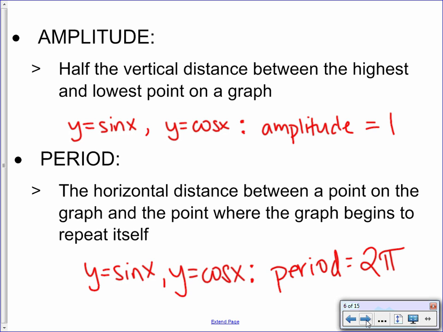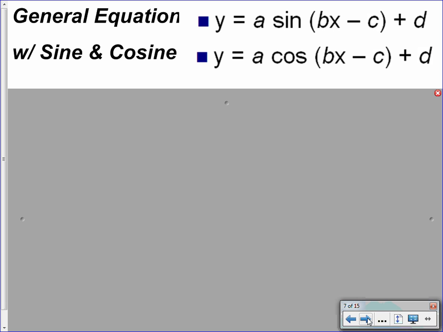We need to know a few things, so I want you to go ahead and write these down. These are going to be the forms of our equations that we'll refer to for the next week. A, B, C, and D.